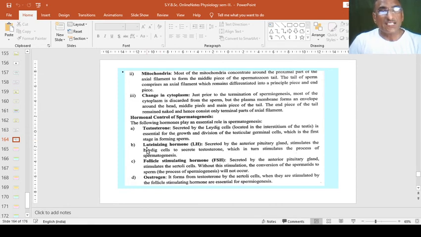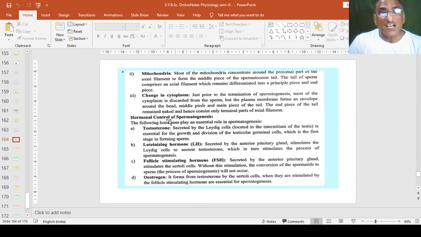Second is luteinizing hormone, or we can call it LH. This hormone is secreted by the anterior pituitary gland. The pituitary gland is the master gland among the endocrine glands, and its secretion is very important. Luteinizing hormone stimulates the Leydig cells to secrete the testosterone hormone.